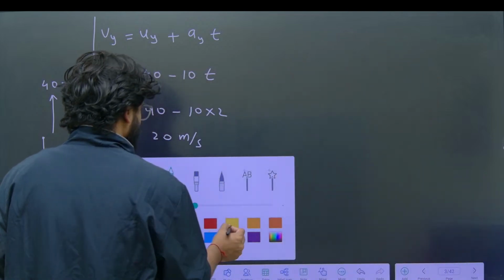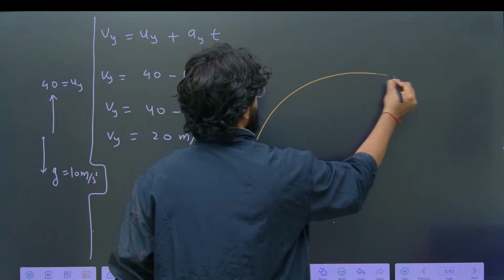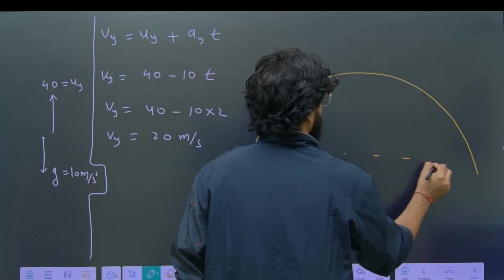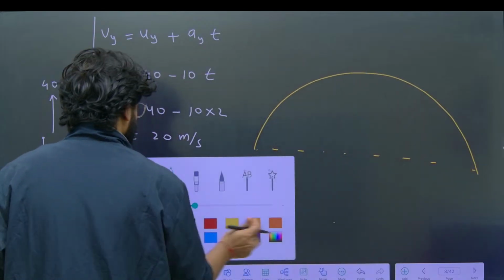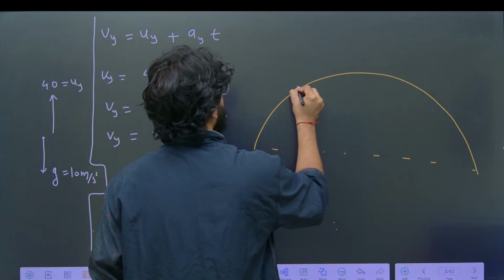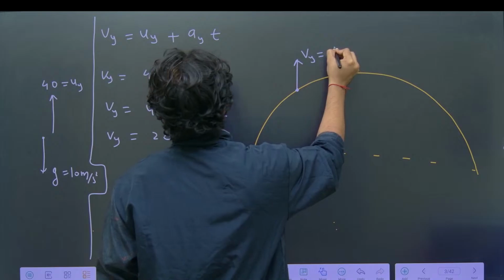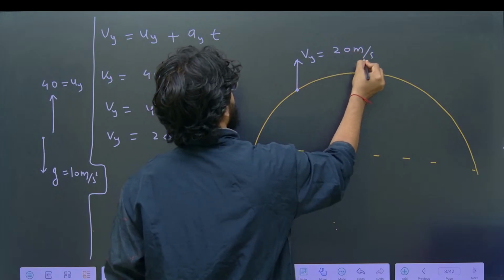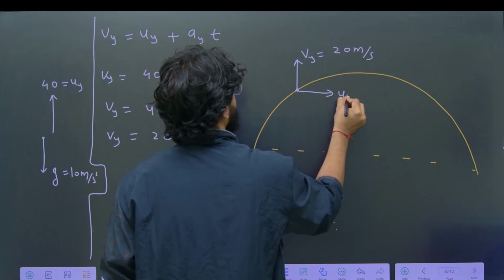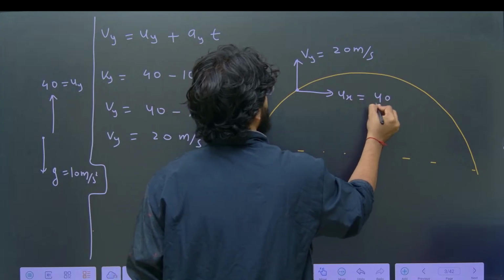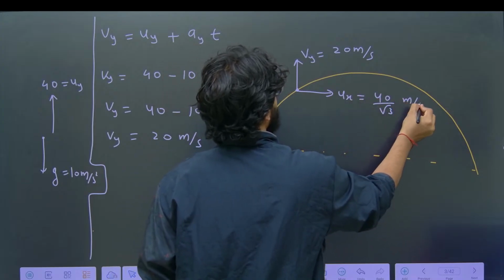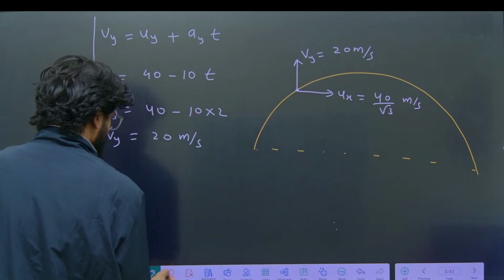So if this is the projectile motion, somewhere over here this velocity Vy is 20 meter per second, and this ux is 40 by root 3 meter per second. So we have to calculate the speed from here.